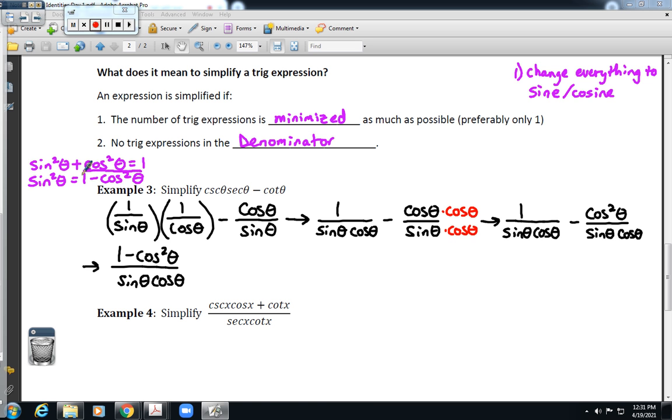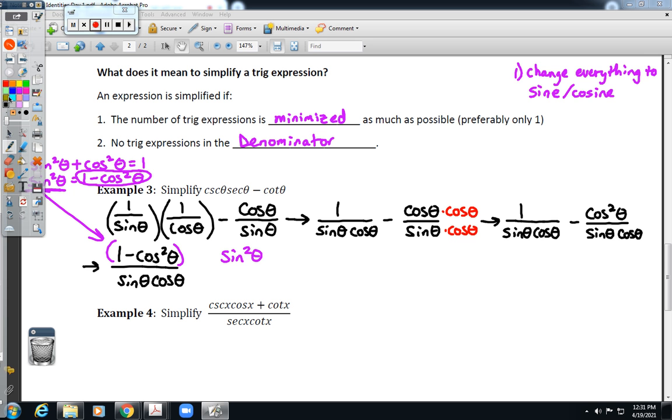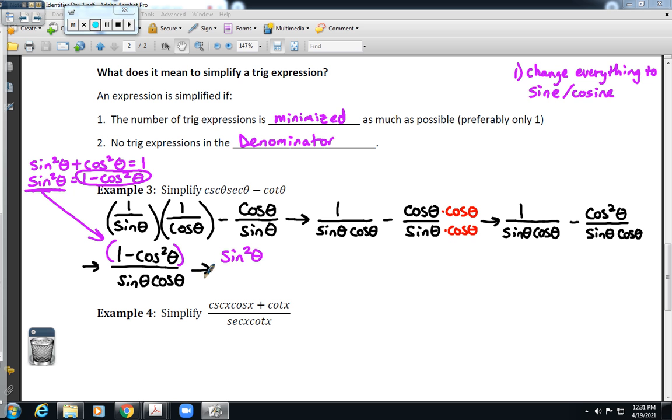What I've got right here is my numerator, which means I'm going to take this and plug it in for the numerator. Because then your numerator, instead of being two terms, is only one term, which is simpler. And then it's going to get even better, because once we do that, then what can happen?